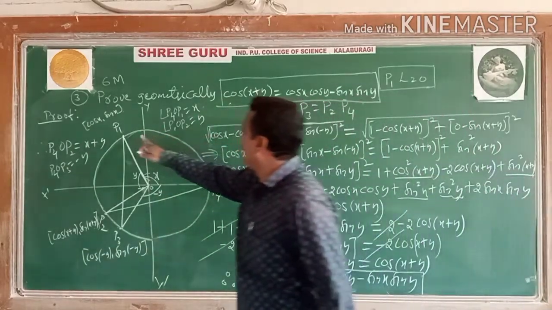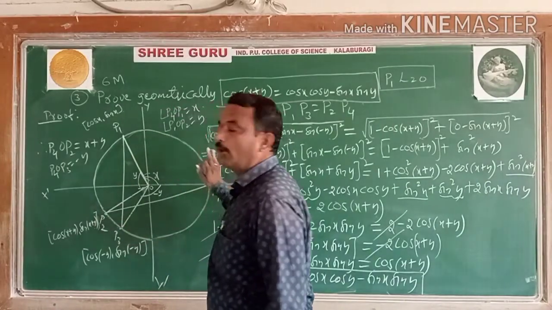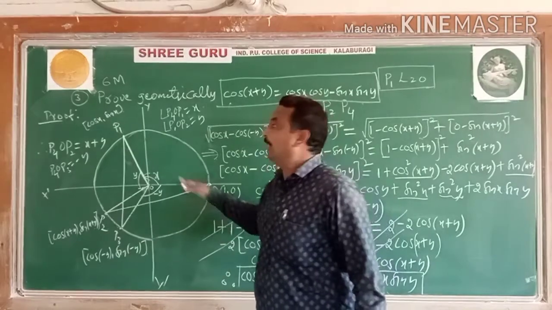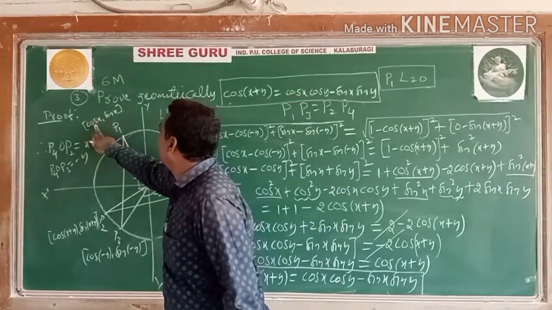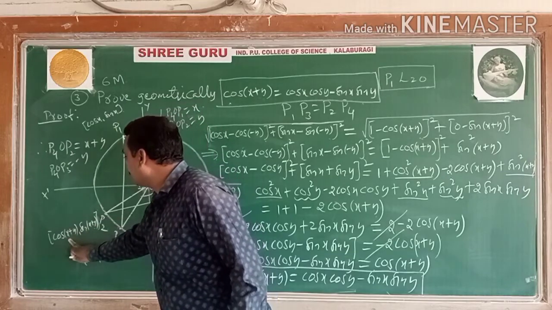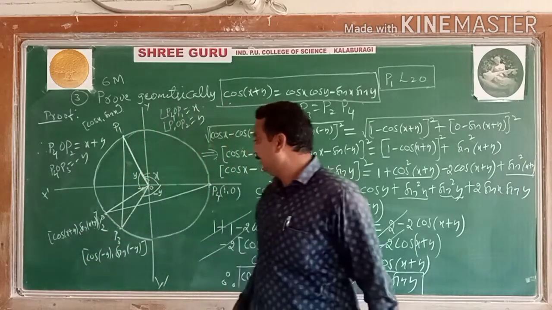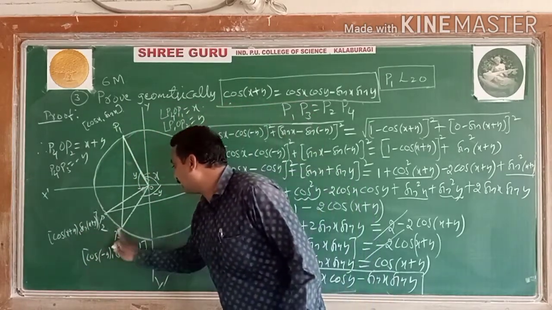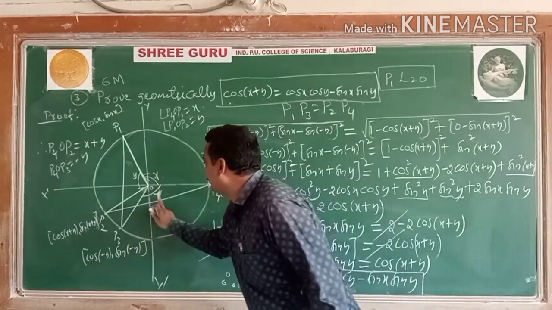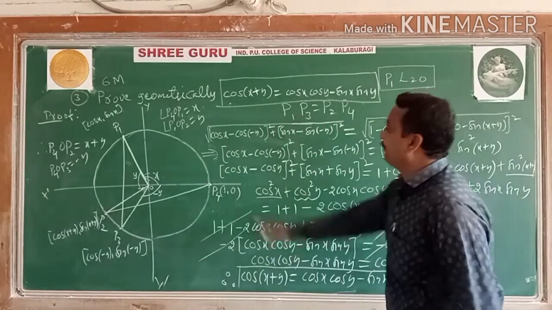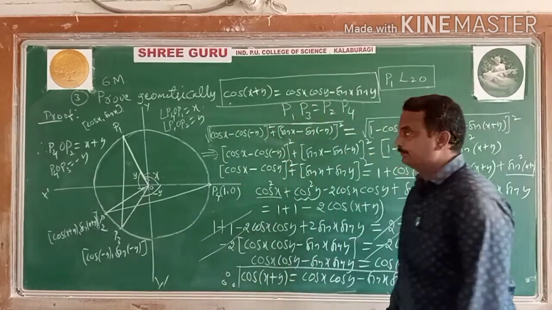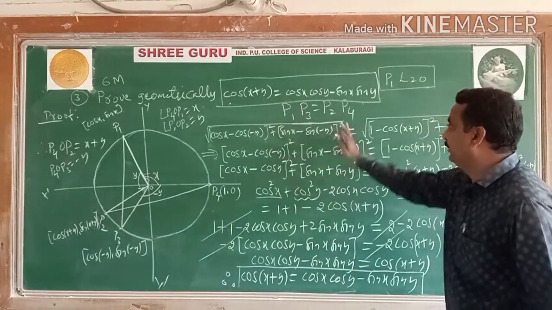These P1, P2, P3, P4 are points on the circle. P1 is (cos x, sin x). P2 is (cos(x plus y), sin(x plus y)). P3 is (cos(minus y), sin(minus y)), which makes an angle minus y. And P4 is exactly on the x axis of the unit circle, it is (1, 0).